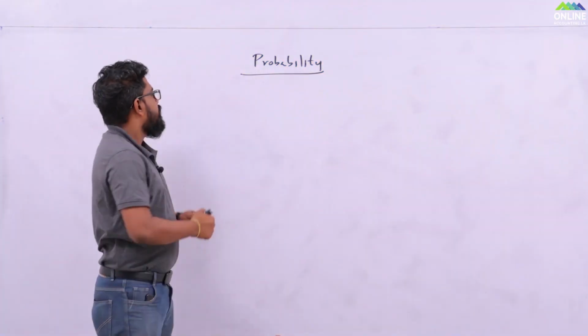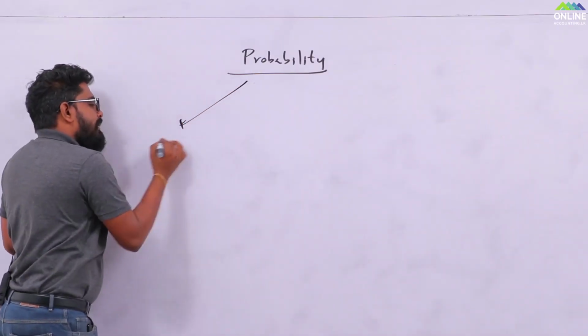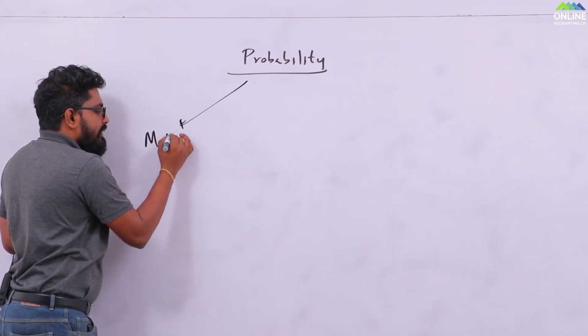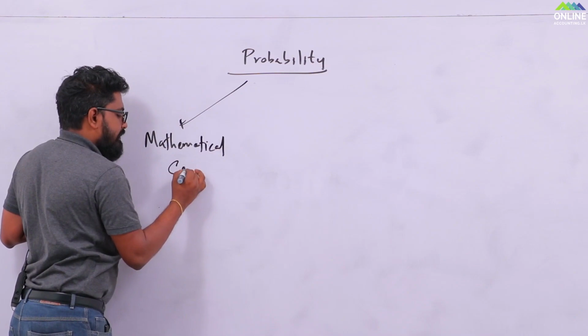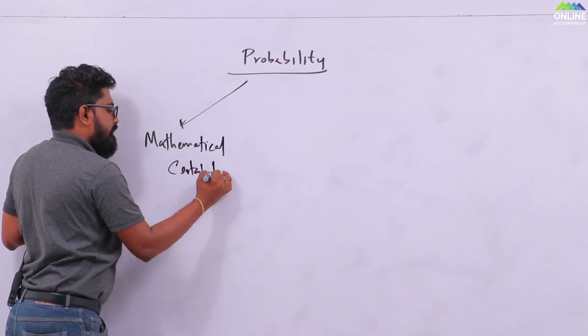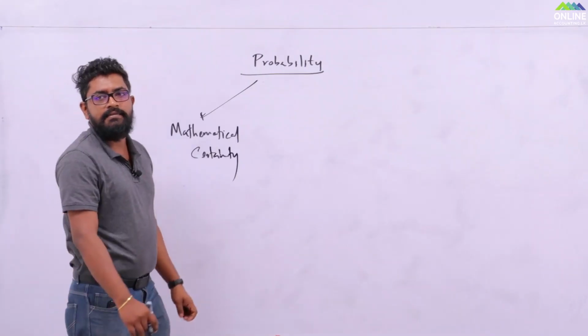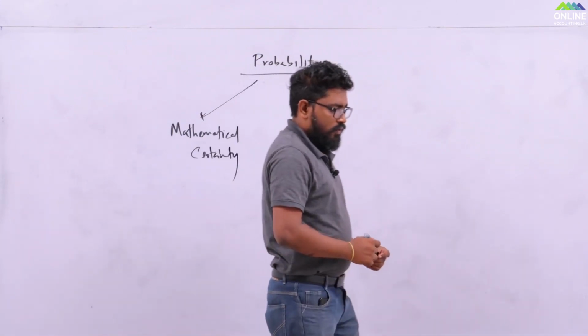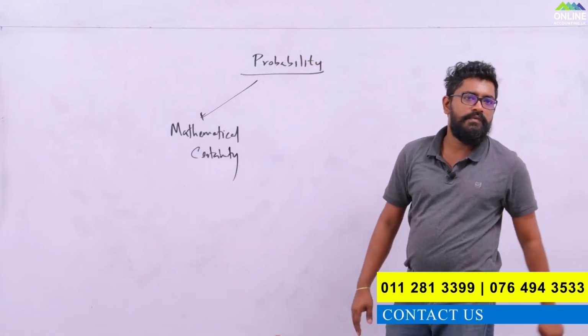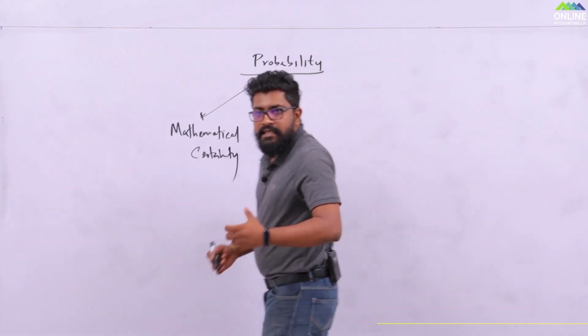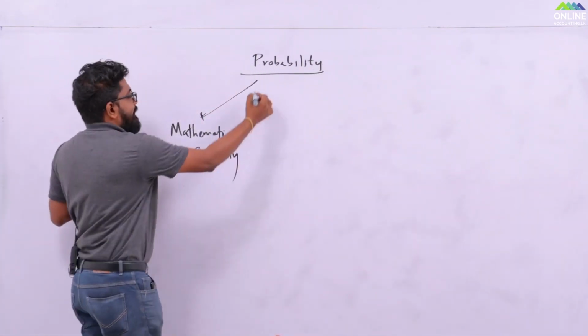First one, mathematical certainty. Which we are going to learn in this lesson. Okay, mathematical certainty. Next one, the past experience.